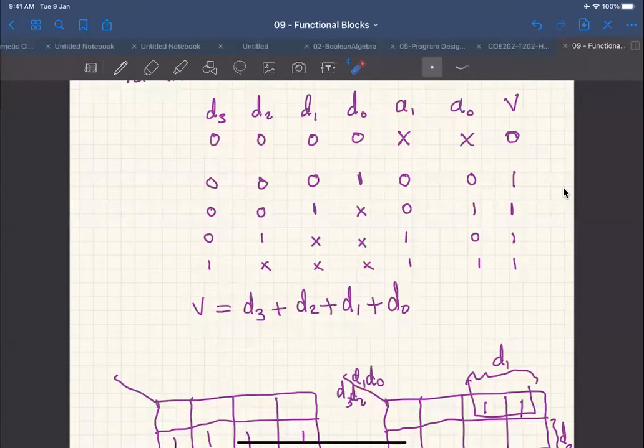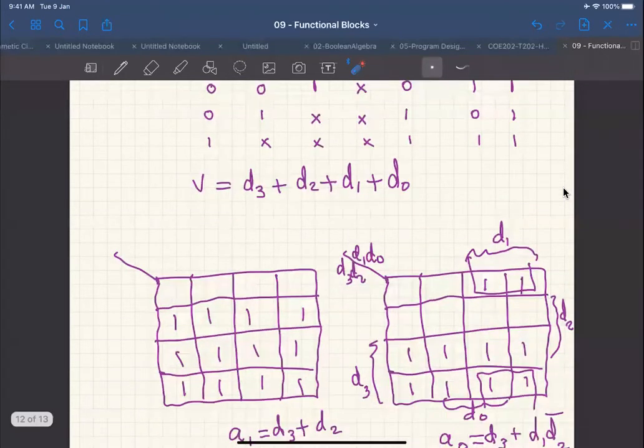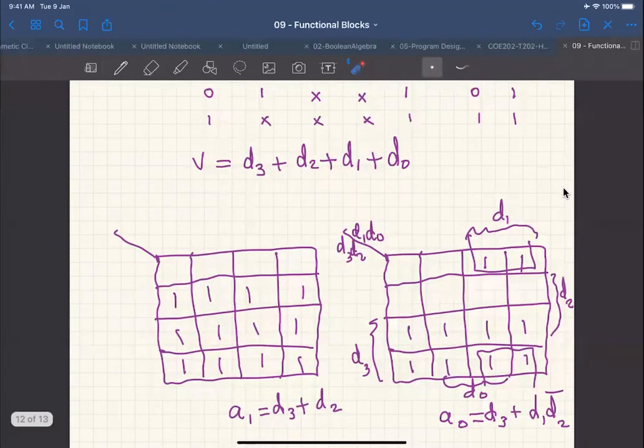Yeah? And these are 4, 5, 6, and 7. They are all ones here. And this one here corresponds to 8, 9, up to 15. Yeah? So the 3 bottom rows are all ones here in A1.